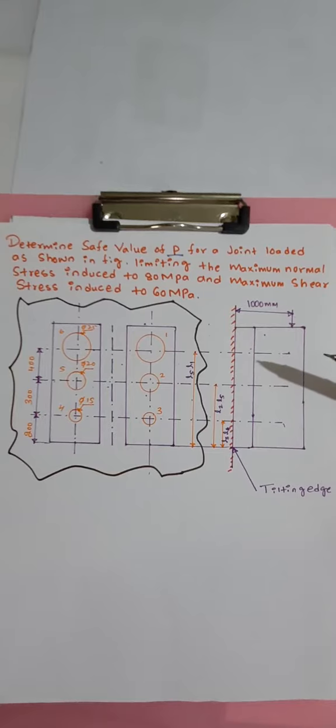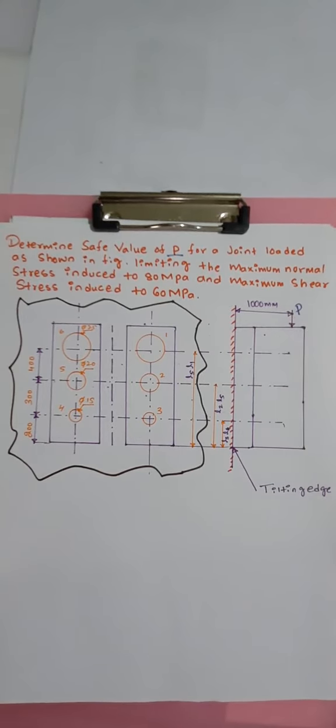The value of E is nothing but the distance from the line of the load acting on the joint to the tilting edge. We will call it the eccentricity, at a distance of 1000 mm. The load which is acting at a distance of 1000 mm is the value of P, and we need to find out the value of P with respect to this given problem.